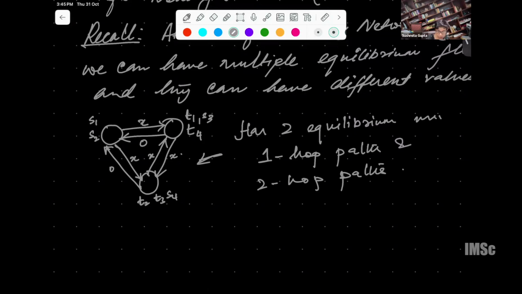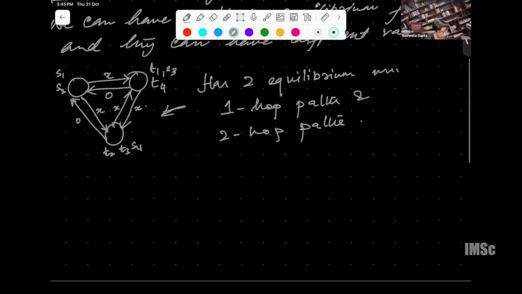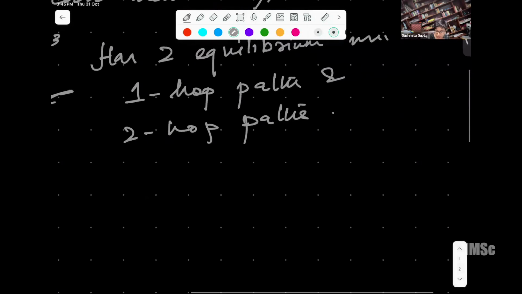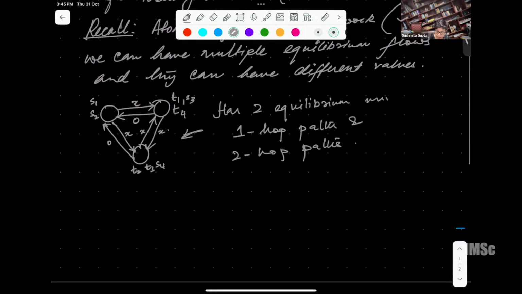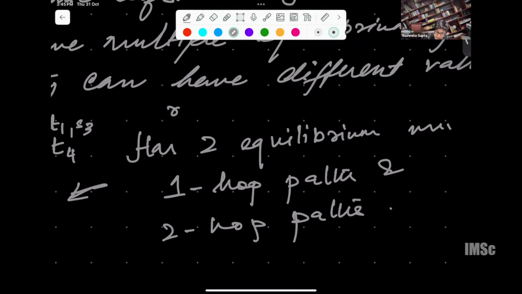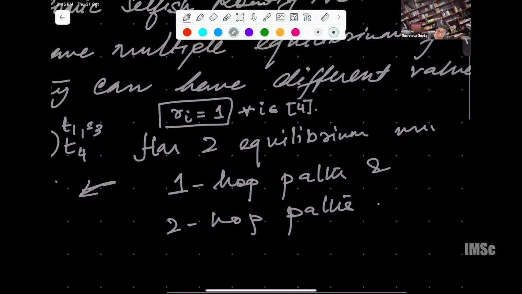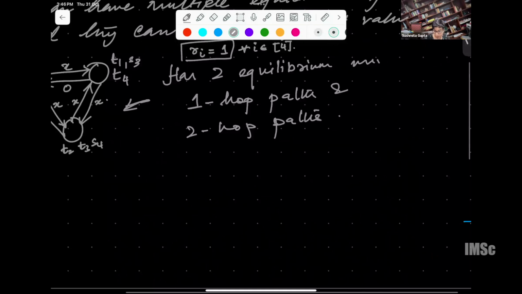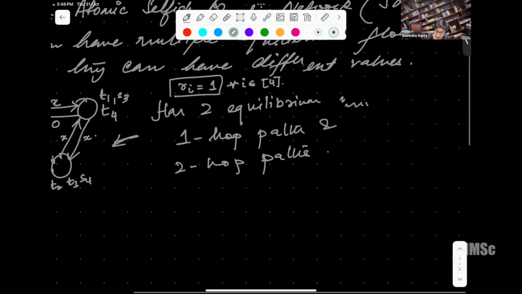I've worked out this example. Okay, so let's say paths, and for both cases, for all of these agents, we are using 1 unit of traffic, and two hop paths and different length.